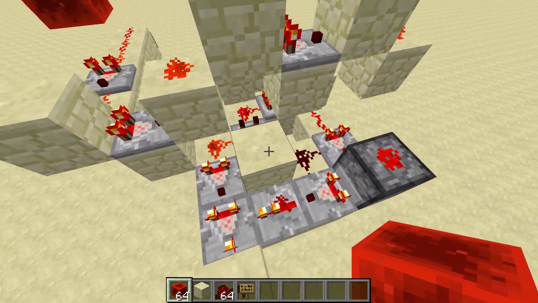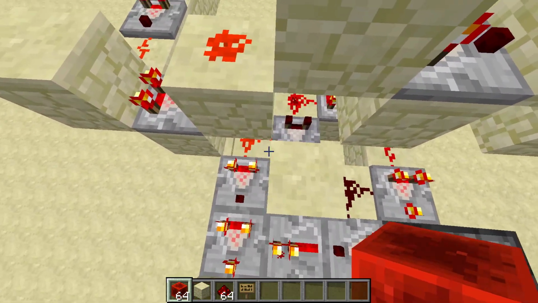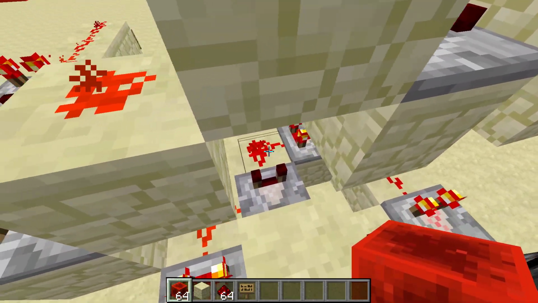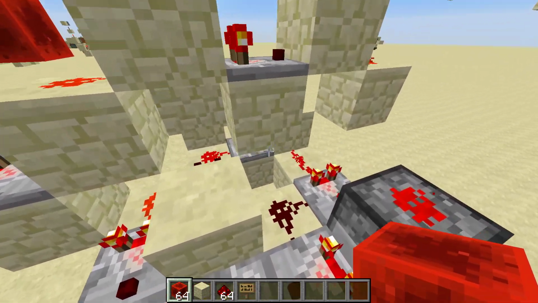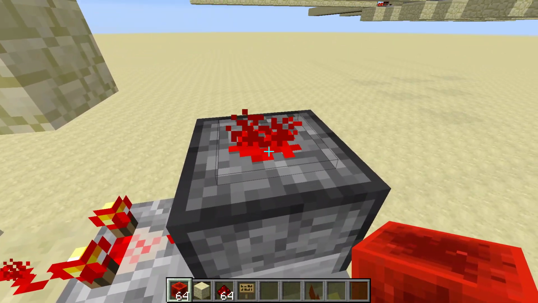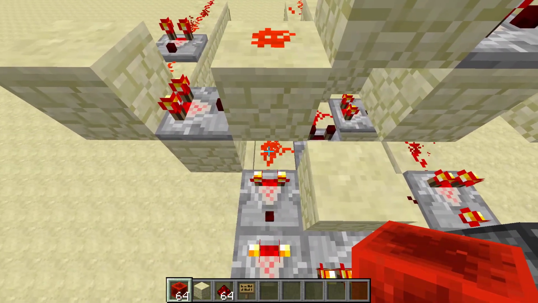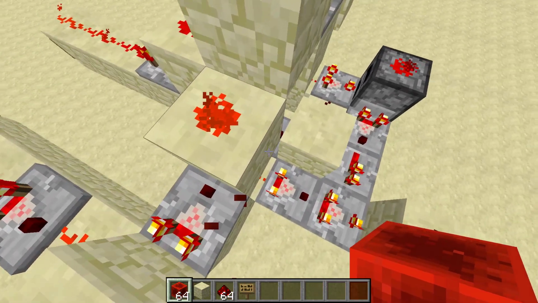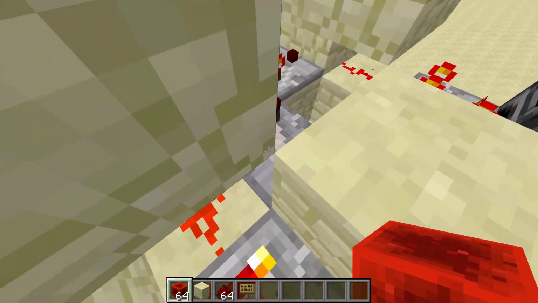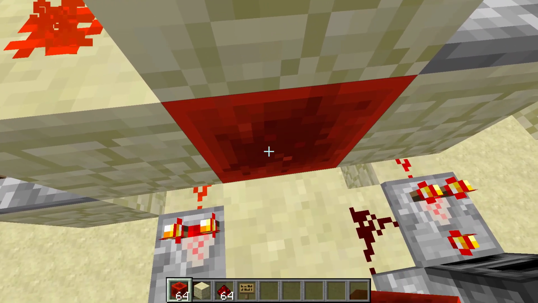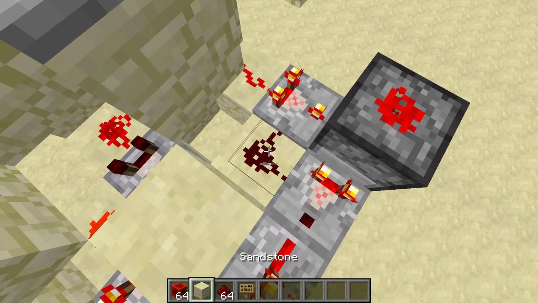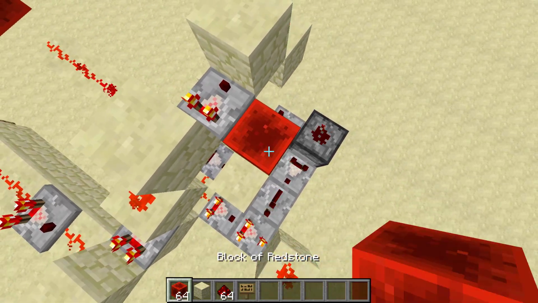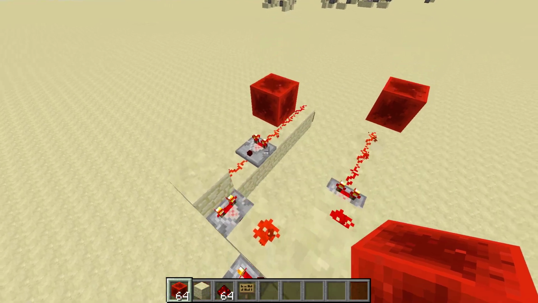We're outputting input A into here, and it goes through this comparator and through this one and into this dust. And because B is stronger than A, it has disabled this comparator right here, which doesn't allow this output to be cancelled off by powering this. So in the other case it would be that one.